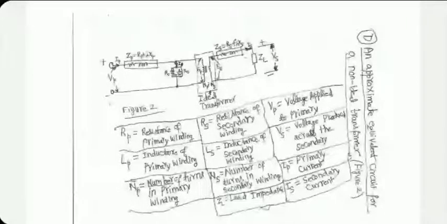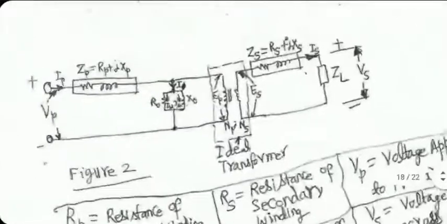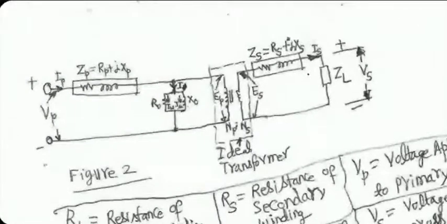Now, the copper losses are captured by introducing RP in the primary and RS in the secondary. Also, the effect of inductance in the primary winding, if important, can be captured by putting a reactance in series with the resistance RP.